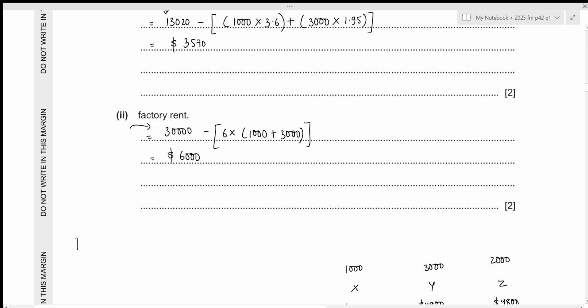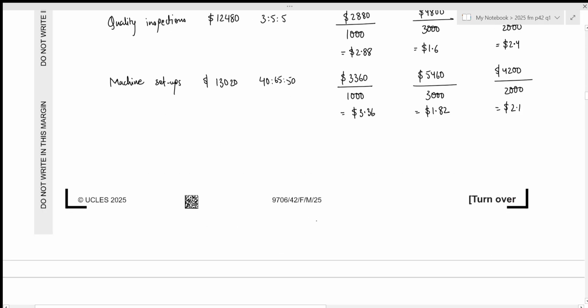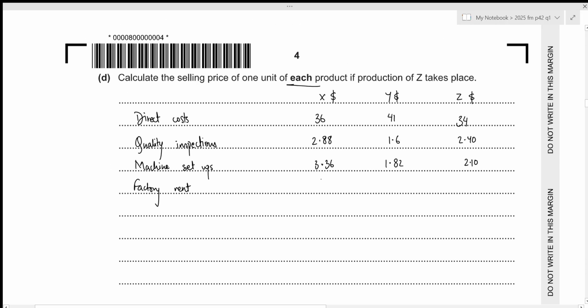So the per unit value will just be our total factory rent of 30,000. Then we will have to divide it by the total number of units for X, Y, and Z. So that will be 1,000 plus 3,000 plus 2,000. This will result in the value of 5. So we need to write down 5 for all three products. So that's 5 for X, 5 for Y, and 5 for Z.